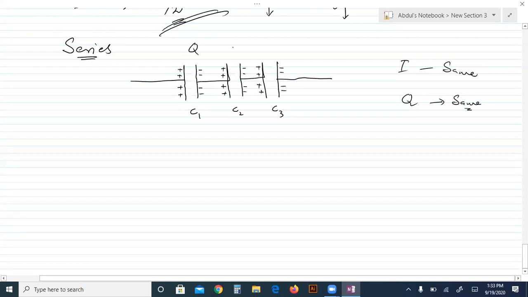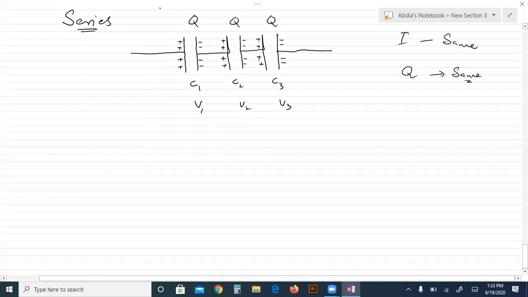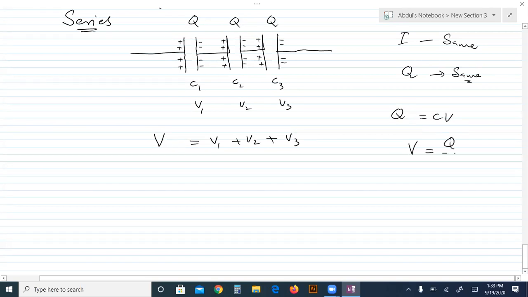So the charge on the capacitors connected in series will remain the same, but the voltage, the potential, will be different: V1, V2, V3. Now, according to Kirchhoff's second law, the total potential supplied is the sum of all the potentials across the capacitors. And Q is equal to CV, so V can be written as Q divided by C. So the total voltage is total charge divided by C total.